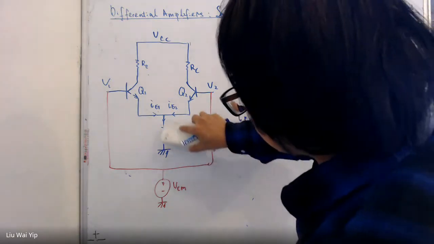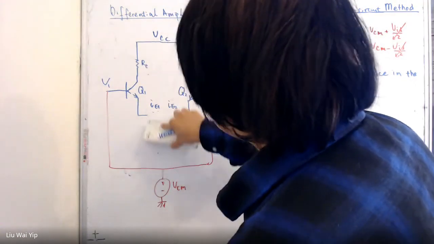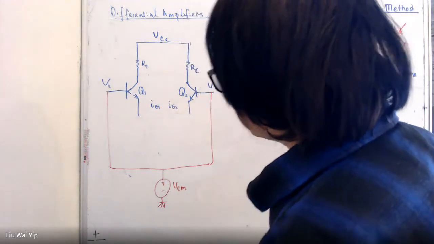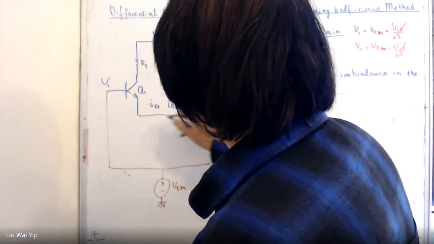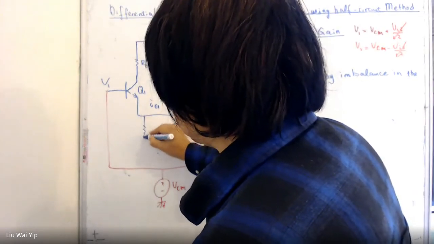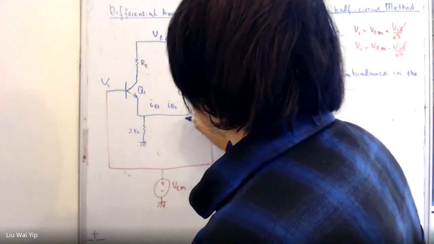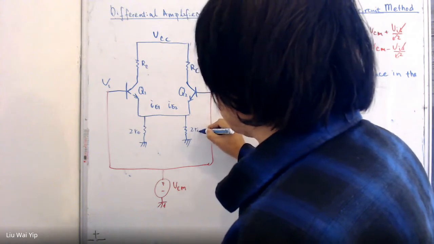Now we break this one, and this one will become a parallel of 2 R0.